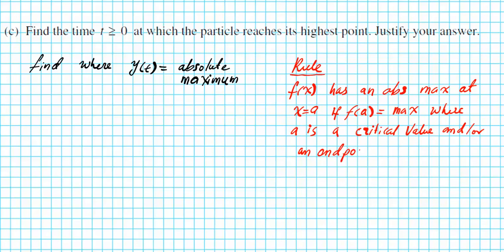Sometimes the endpoint is going to be one of the critical values, and then that could actually be your extrema. Sometimes you have an overlap, sometimes you don't, and the endpoint is the absolute max, and sometimes it's just a critical value.